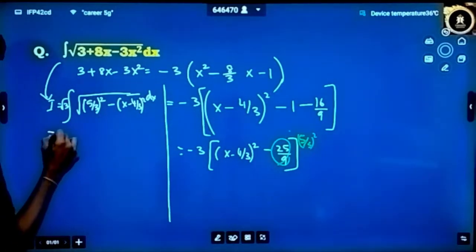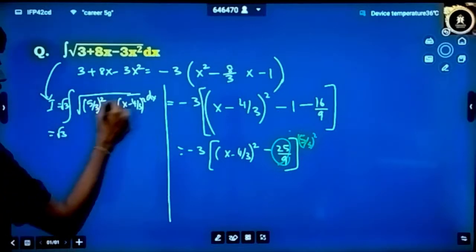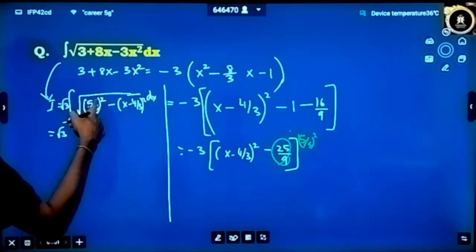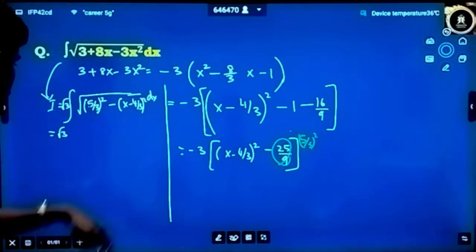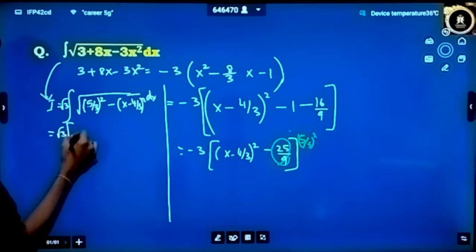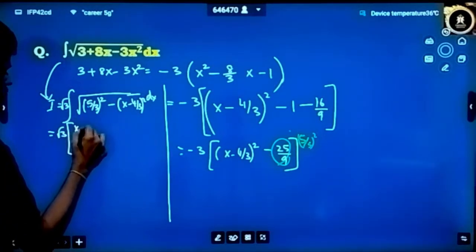Now this is equal to root 3 into, what is the form of this? It is in the form of a² − x². What is the formula?